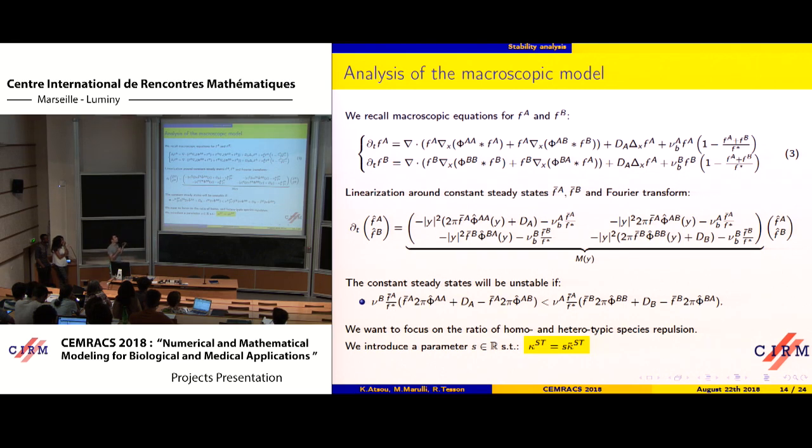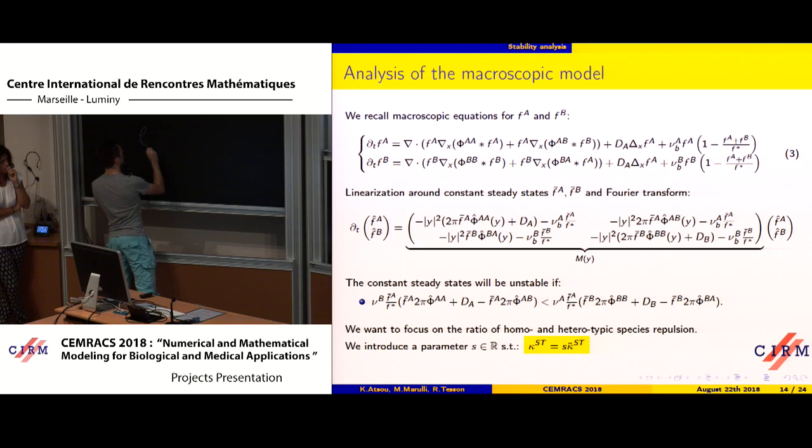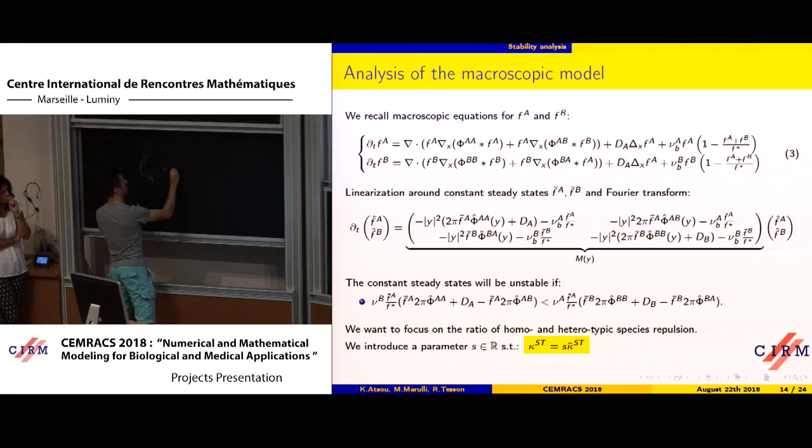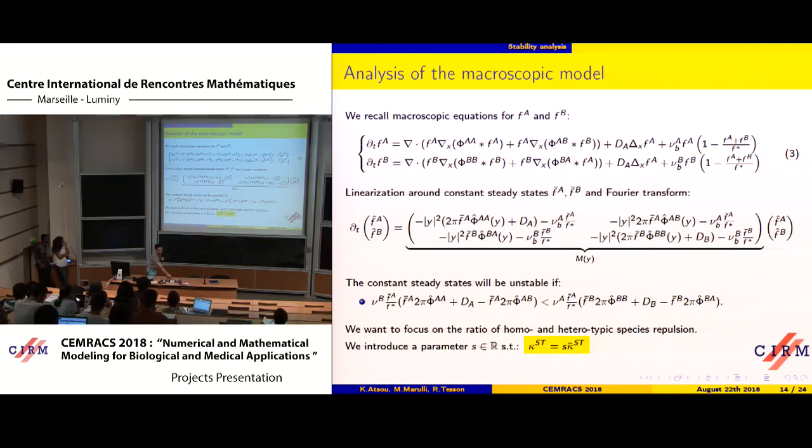Whereas if the homogeneous steady state is unstable, then you can hope to really see aggregation in your model in a long time. So we perform some stability analysis. What you have to remember is that the homogeneous steady states are defined with this equation, which means that everywhere you reach the carrying capacity.